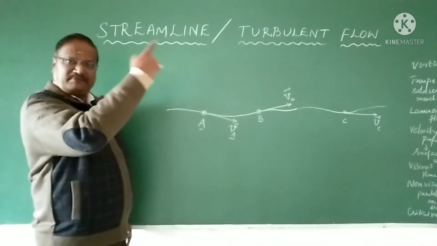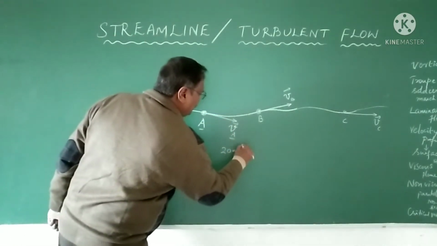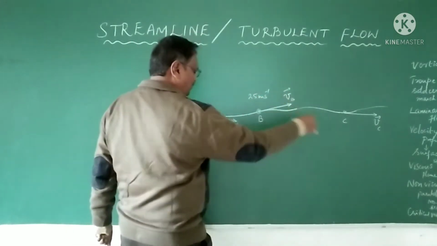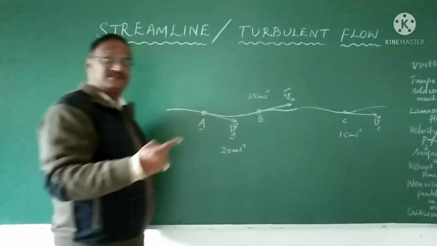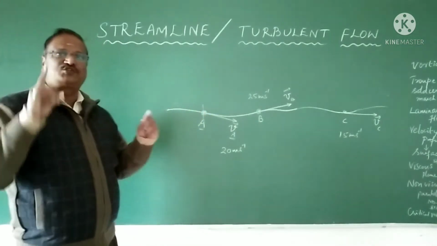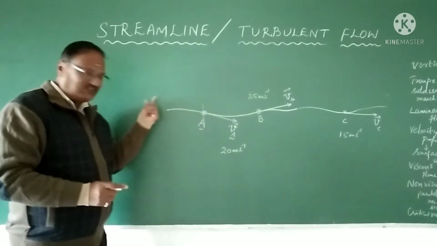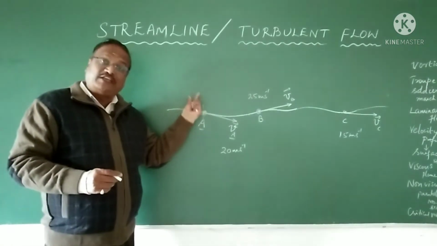Now velocity can be different at different points. Velocity at this point can be 20 meter per second, the velocity here can be 25 meter per second, and the velocity here can be 15 meter per second. The velocity can be different, but at a particular point the velocity should remain constant. The successive particle should have the velocity of the previous particle.